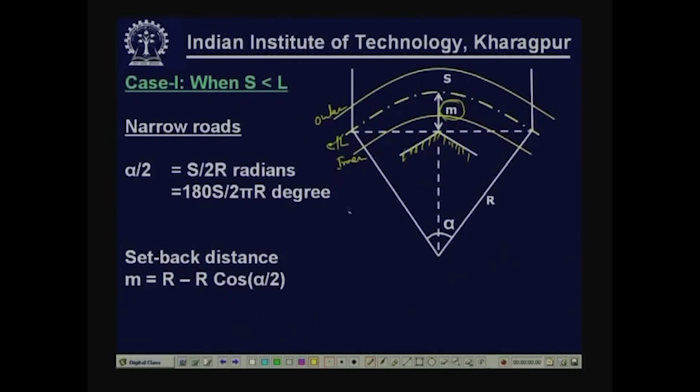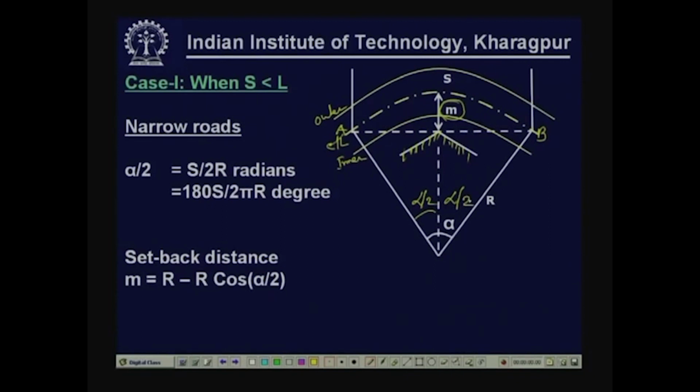Now, in this case, if this is A and this is B, then AB is the line of sight as shown by the dotted line. Say the angle formed is alpha, then this is alpha by 2 and this is also alpha by 2.